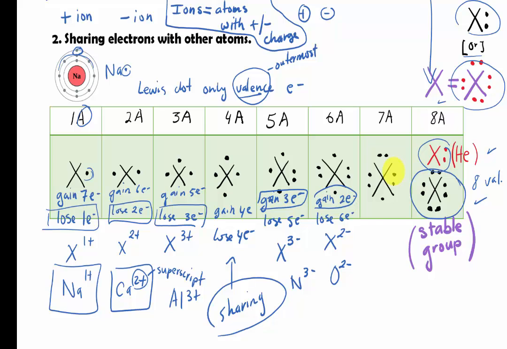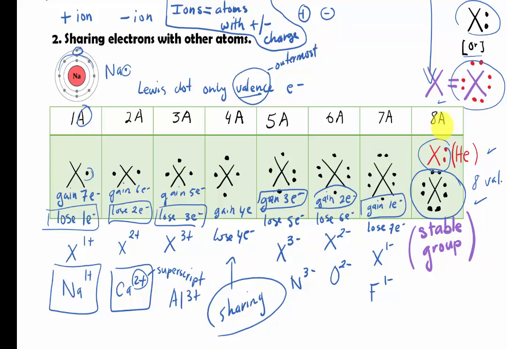And then we have 7A. One option is to gain 1 more electron or to lose all 7 electrons. Of course, the obvious answer would be to gain 1 electron. That's why all the elements in group 7A have this type of charge, 1 minus. One example would be fluorine 1 minus.